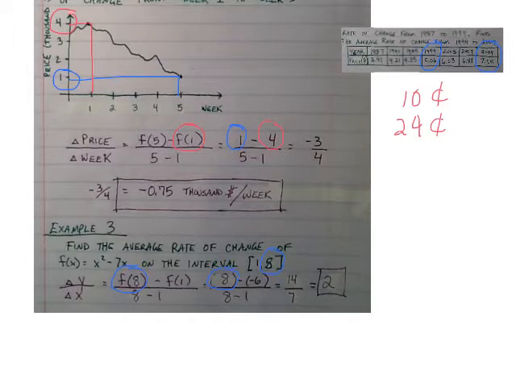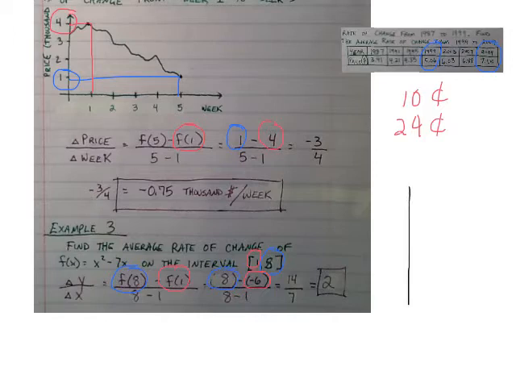Then we want to do f of 1, and f of 1 is 1 minus 7, or negative 6. So we get 8 minus negative 6, which is 14 over 7, and we find that equals 2. So the average rate of change on the parabola on the interval 1 to 8 is 2.